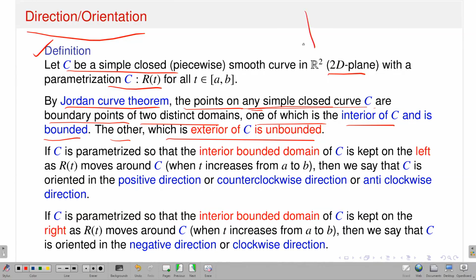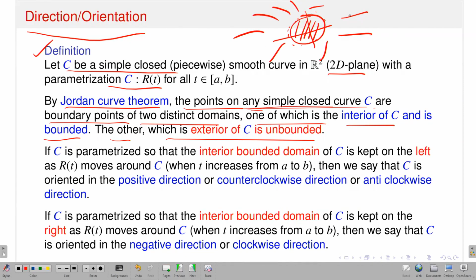For example, you just take a simple circle, this is a simple closed curve. Now, the points on this curve are actually the boundary points of two distinct domains. One domain is the interior, that is called the bounded domain, and another one the exterior.